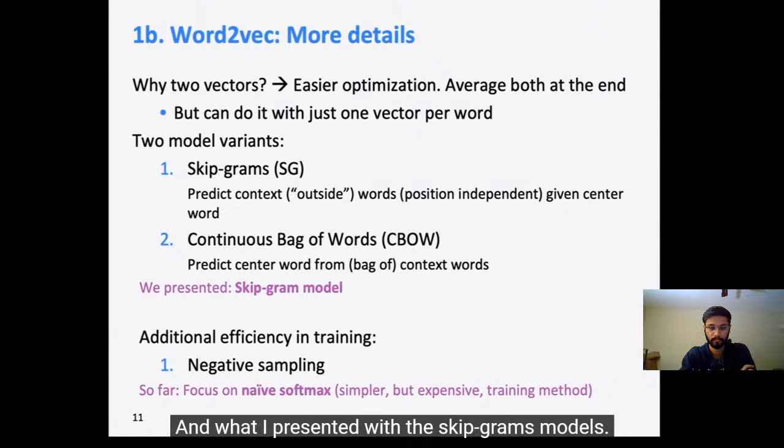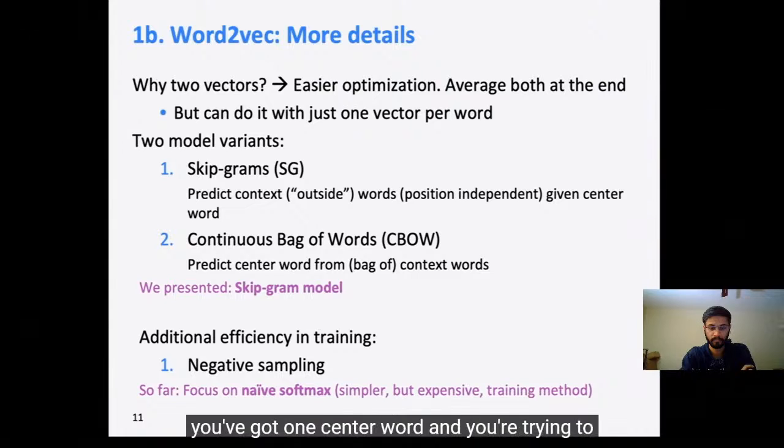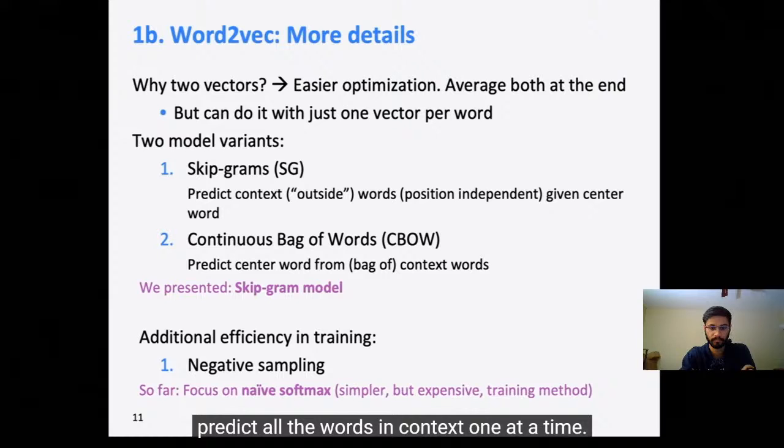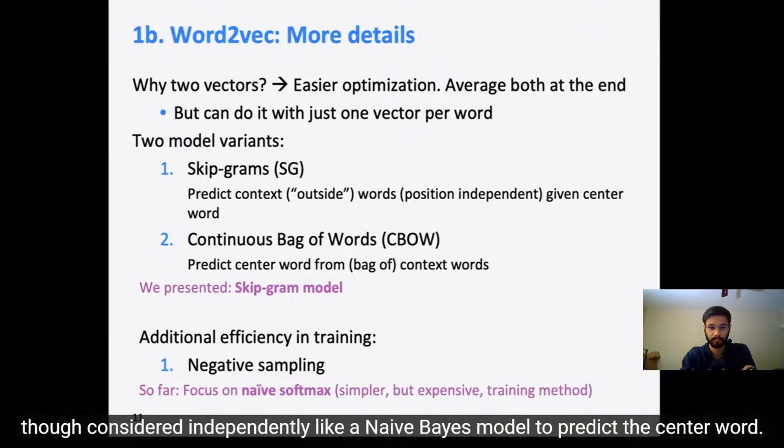And what I presented was the skipgrams model. In the skipgrams model, you've got one center word, and you're trying to predict all the words in context one at a time. For the continuous bag of words model, it's the opposite. You've got all of the outside words, and you're trying to use all of them, though considered independently like a naive Bayes model, to predict the center word.